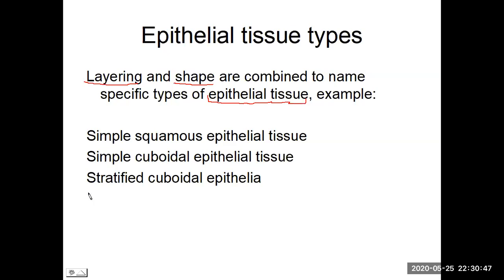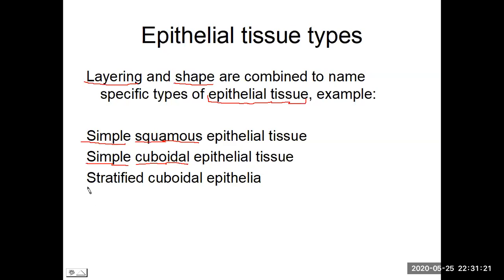So here are some examples. Based on just the name that you see here, this is really descriptive of what we see. So one layer on the basement membrane of the flat, thin cells, that would be called simple squamous epithelial tissue. Here we're seeing one layer superficial to the basement membrane of the cube-shaped cells, simple cuboidal epithelial tissue.